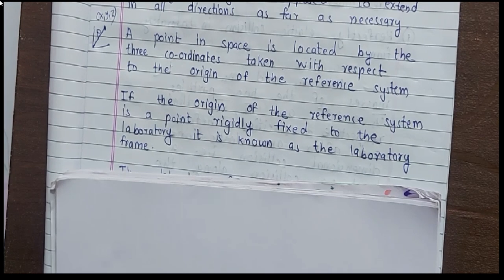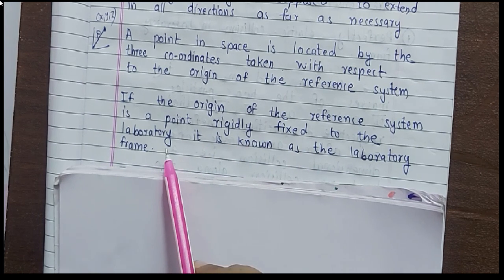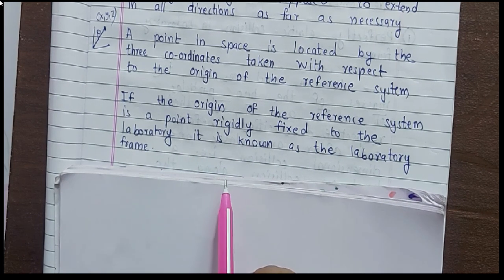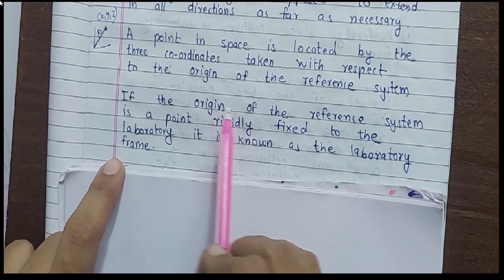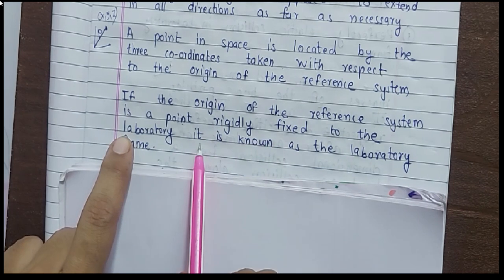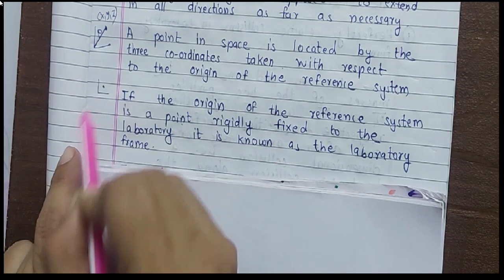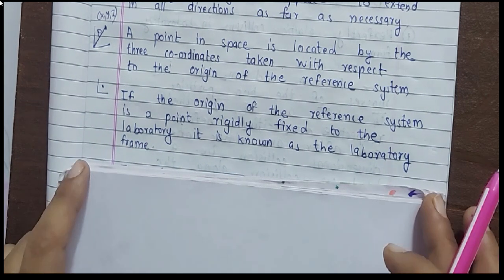If the origin of the reference system is a point rigidly fixed to a laboratory, it is known as the laboratory frame. Means if the origin of the reference frame is a point rigidly fixed in the laboratory, then it is called the laboratory frame.